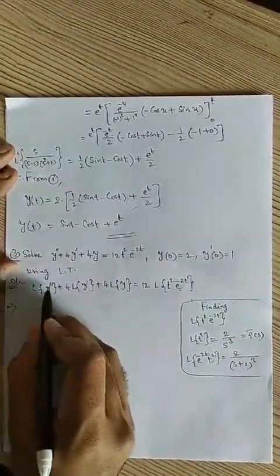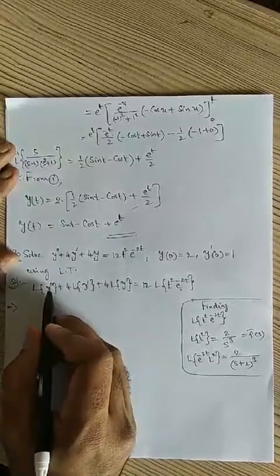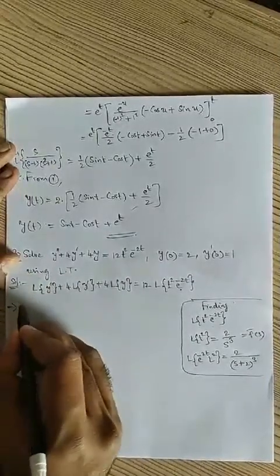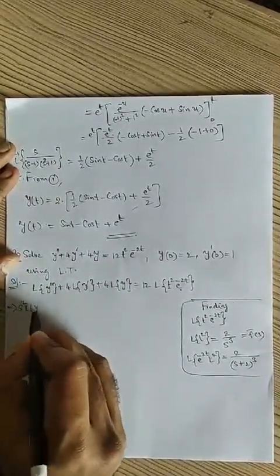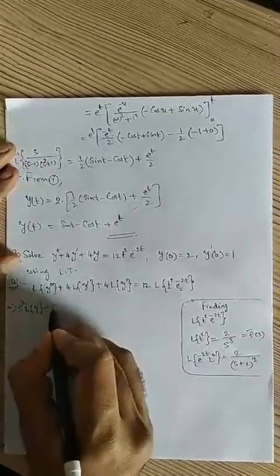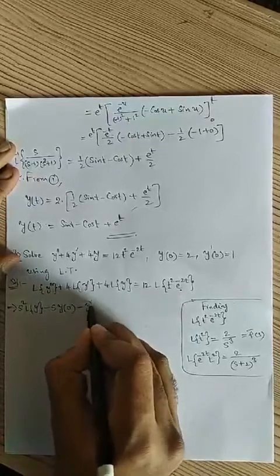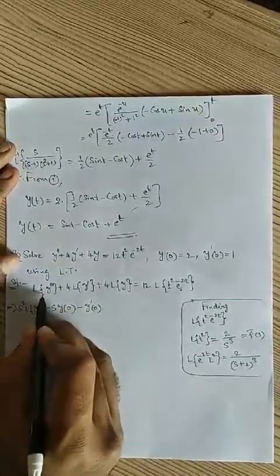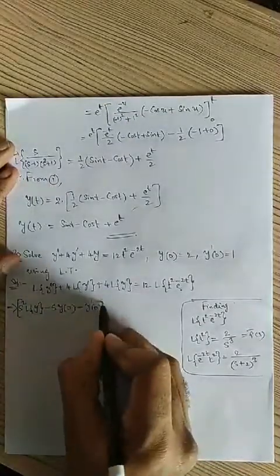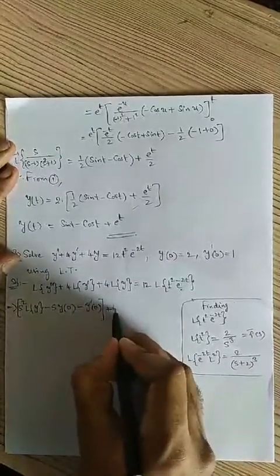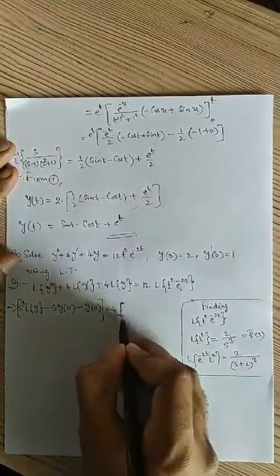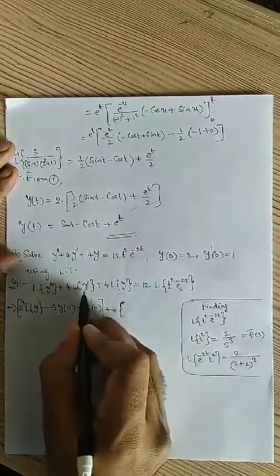That I'll substitute here. But before that I'll expand all these things. Laplace transform of y double dash is given by s square into Laplace transform of y minus s into y of 0 minus y dash of 0. Right? This is related to the first term. Then plus 4 into Laplace transform of y dash.